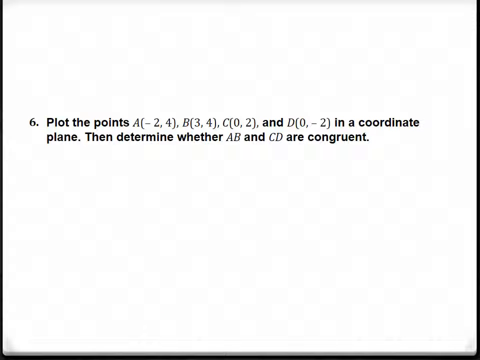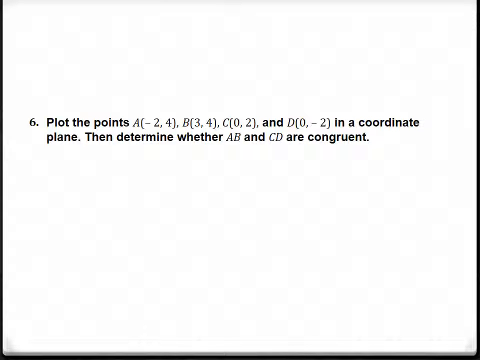Now this problem you will have to do on your own. Either use graph paper or make a crude xy coordinate graph on your paper. Plot the points for A and B, plot the points for C and D, and count the line segments.